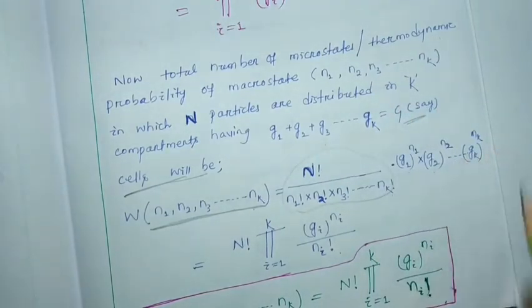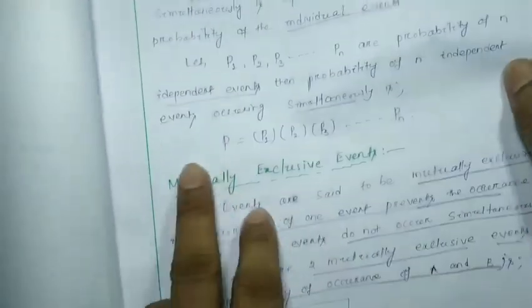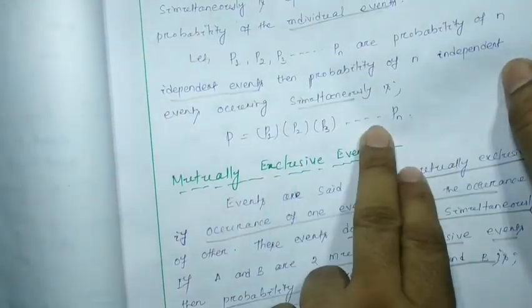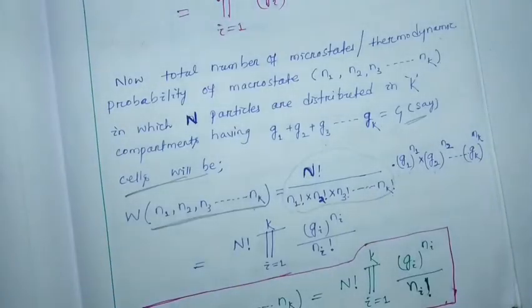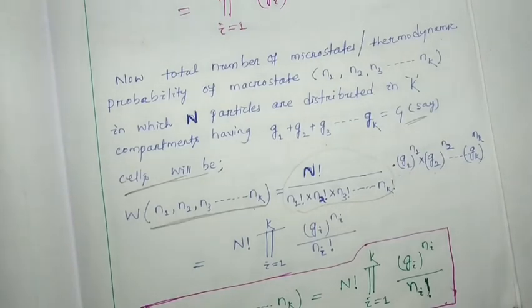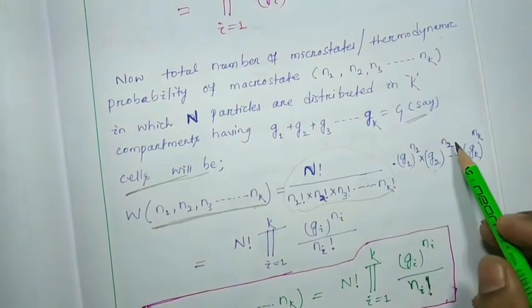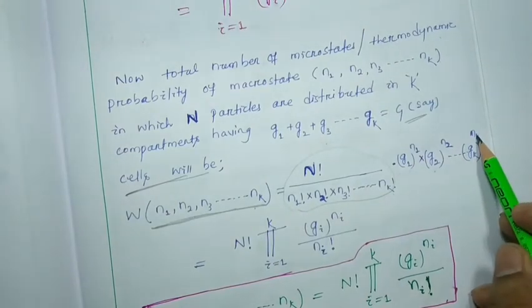From the beginning itself I have told that whenever the events are independent, then we have to consider the product. Here, as the events are independent, they are not going to restrict one another, so we have to consider the product: g1 to the power n1, g2 to the power n2 to gk to the power nk.